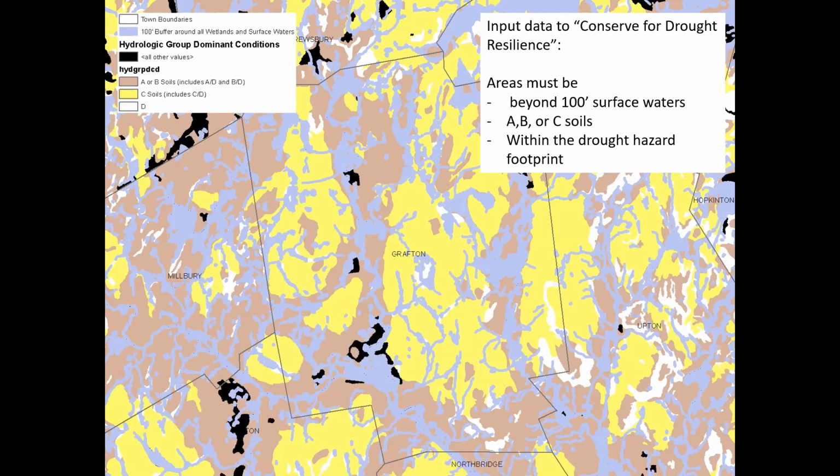And then the purple on this map is all of the wetlands and surface water with a 100-foot buffer. So the conservation for drought layer prioritizes areas that are beyond this 100-foot buffer, thinking that those areas will be critical places for recharge during drought.